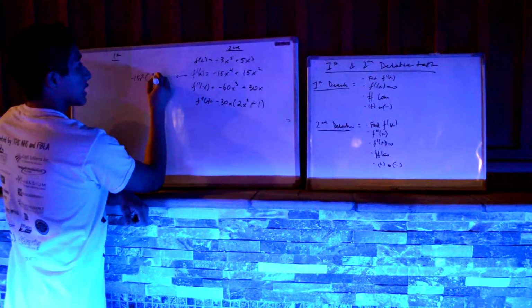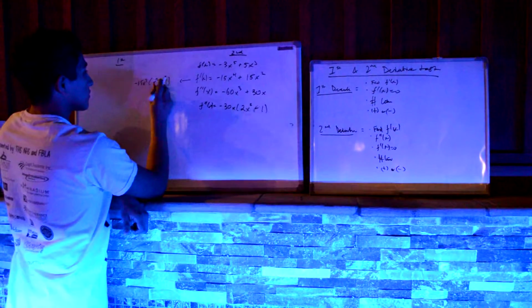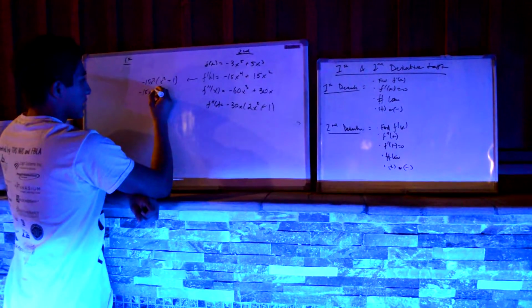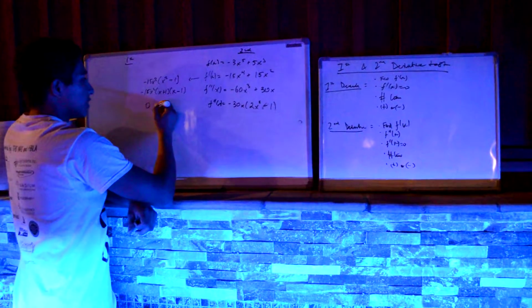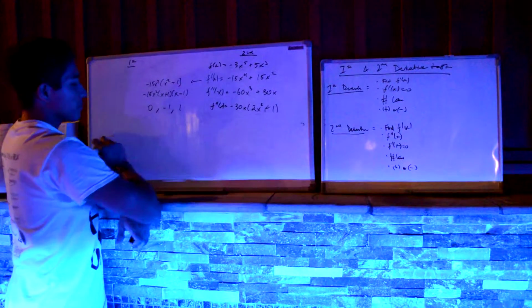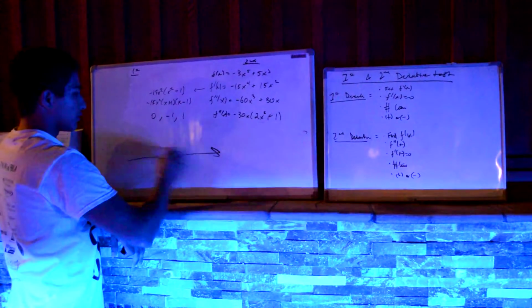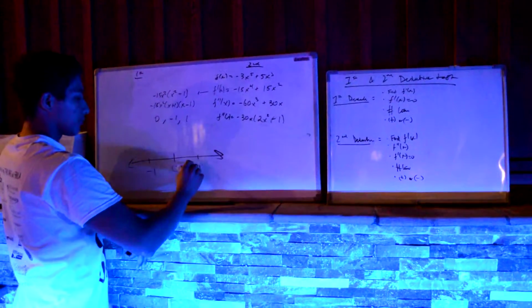So that would be x squared minus 1. That's the same thing as x plus 1 and x minus 1. So our points are 0, negative 1, and 1, right? Then we're going to do a number line with those points: negative 1, 0, and 1.